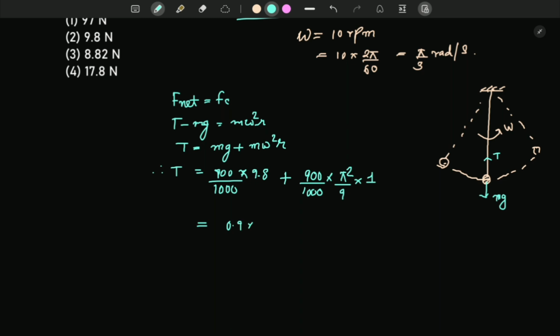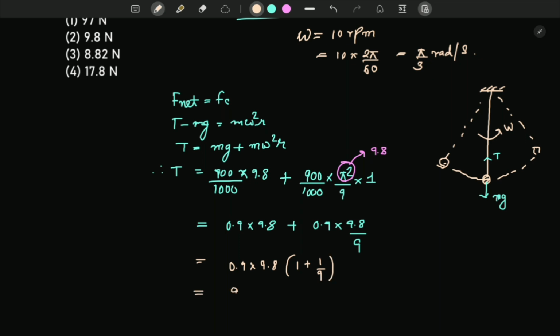0.9 into 9.8 plus 0.9 into 9.8 by 9. I did this because pi square is also given in the question as 9.8. So further simplification, 0.9 into 9.8 I have taken common, so 1 plus 1 by 9.